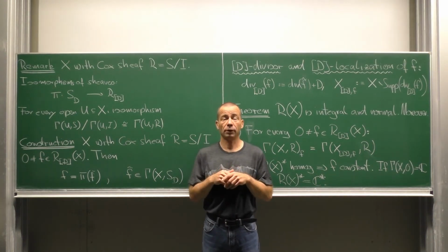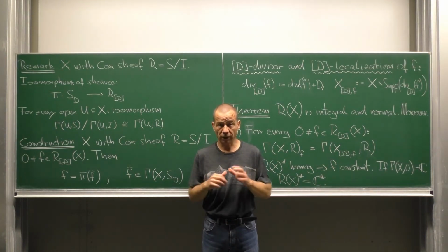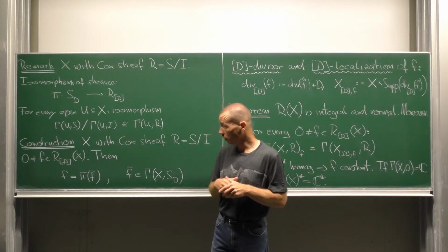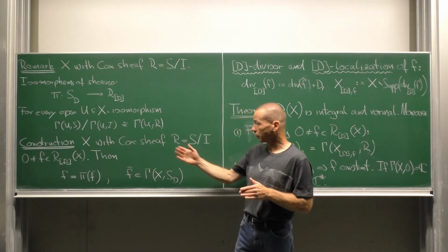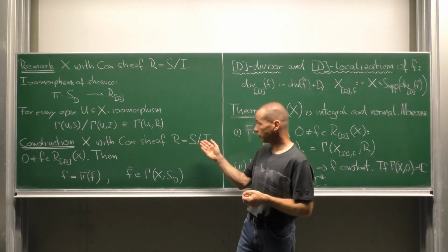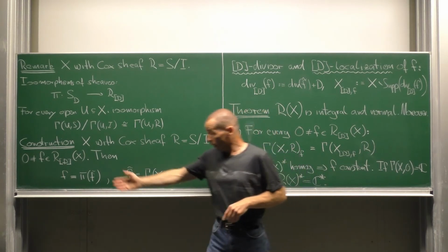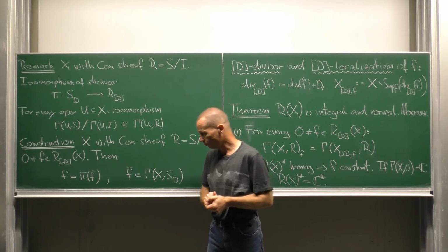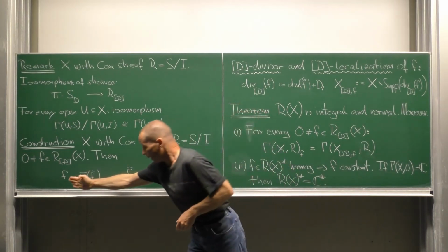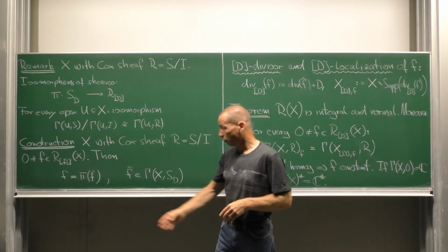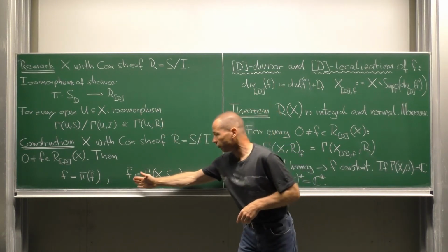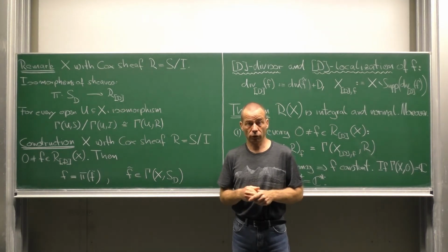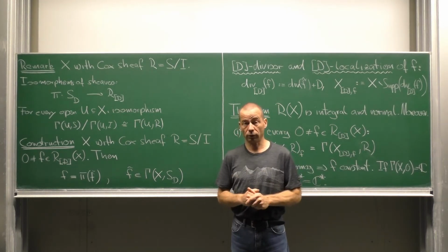The next aim is to associate a divisor with any homogeneous element of the Cox ring. So look at the variety X with a Cox sheaf R given as S mod I, and a homogeneous element F of degree class D in the Cox ring. Then F is of the form pi of F tilde with a section F tilde of degree D of the sheaf of divisorial algebras projecting onto the Cox sheaf.